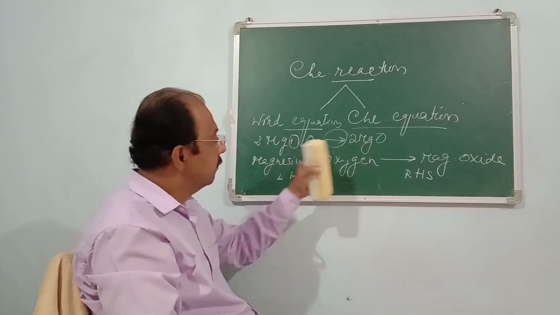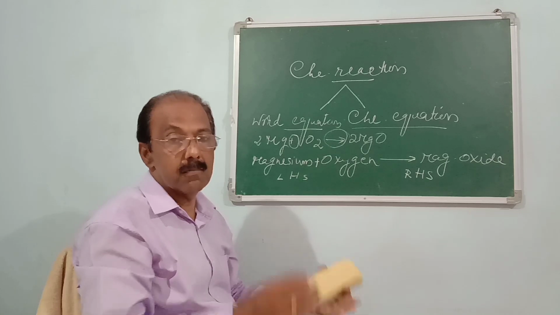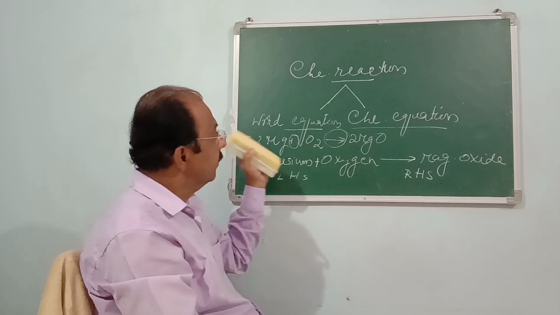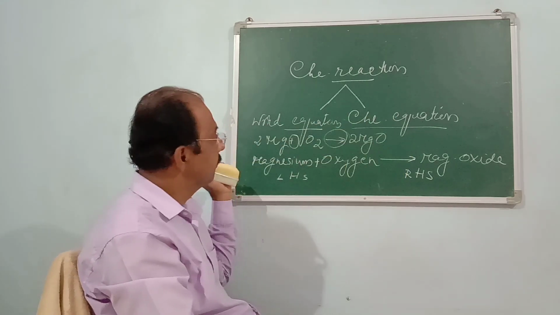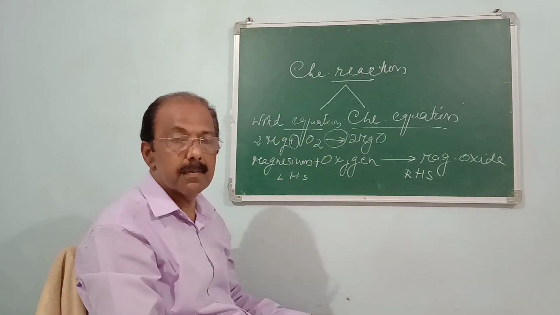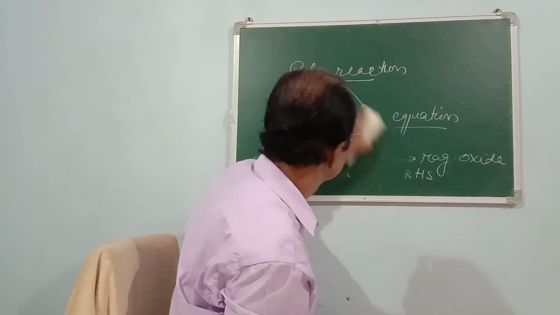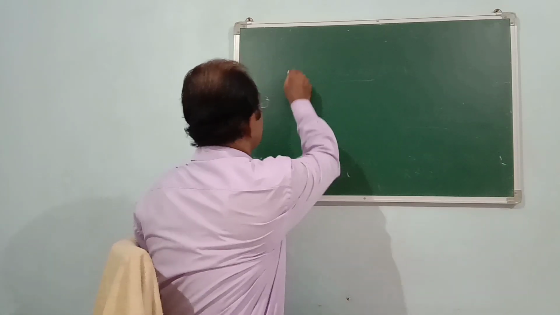So this way, symbols are used to designate the reactants and the products. So we have learned chemical equations and chemical reactions. Then what is the need for balancing of chemical reactions? So the next topic we will learn is balancing of chemical reactions.